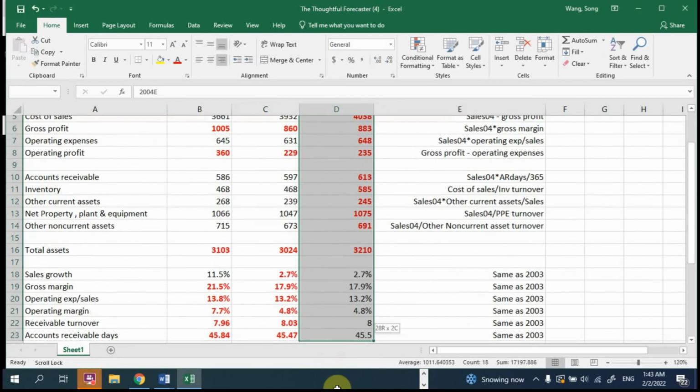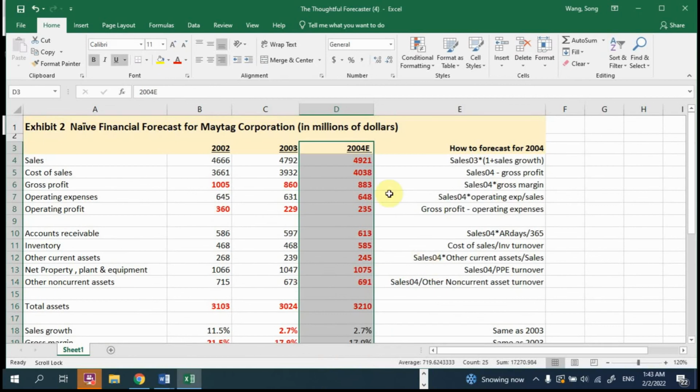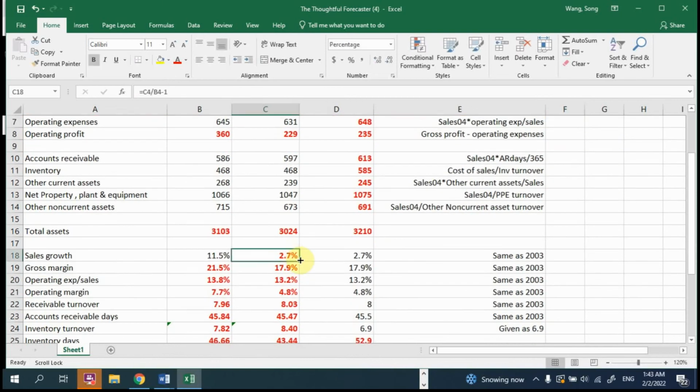So 2004, according to the textbook, is our forecasting year. And how do we forecast the sales? Basically, we're assuming the sales growth rate is the same as last year. Which means last year your sales grew at 2.3% from the year before, and this year it should grow by the same amount, 2.7%.